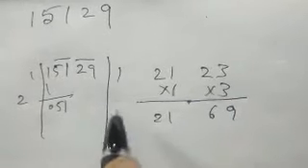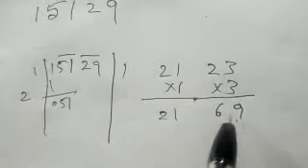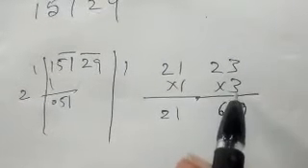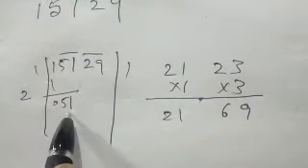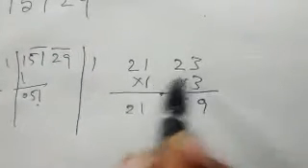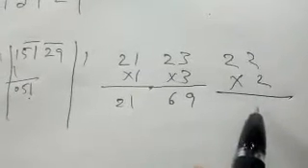This is bigger than this number. So we have to bring down the number, right? So 23 into 3 is going to be 69. It should not be more than this, right? So we have to put a lower number for that. So what we have to do is 22 into 2. 2 2 is 4.